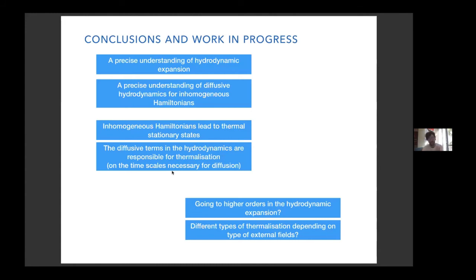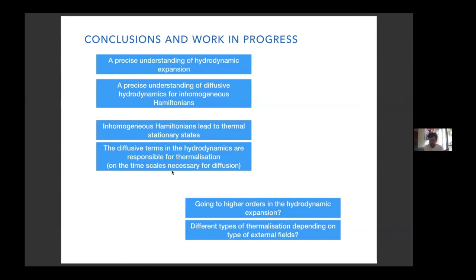If you don't include the viscosity, you will not see thermalization. You will just see some steady state which is not thermal. It's really the viscosity terms in the system, which are there because the system is interacting, that are responsible for thermalization. And the reason why you see thermalization on such long scales is that in this system, viscosities are quite small. So you really have to go to time scales of order L squared, or if you want, the spatial modulation to the second power.